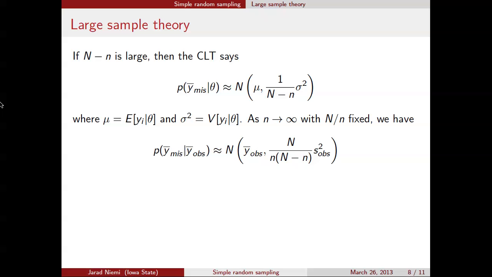This distribution here is going to depend on, it should really say, y obs. The bar shouldn't be here, because s obs actually depends on y obs. So this is going to depend now on the data you actually observed. So the missing data, given the data you've observed, has a normal distribution centered at the observed data mean, and with variance that is this function, where s obs here is the sample variance of the observed data.